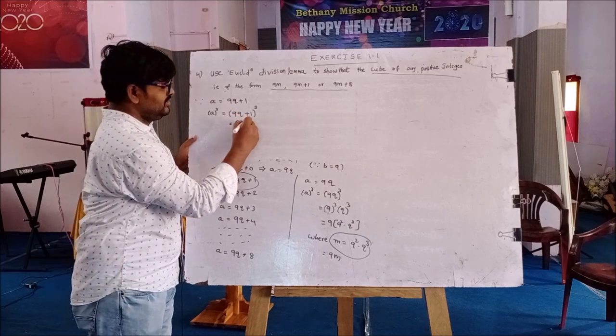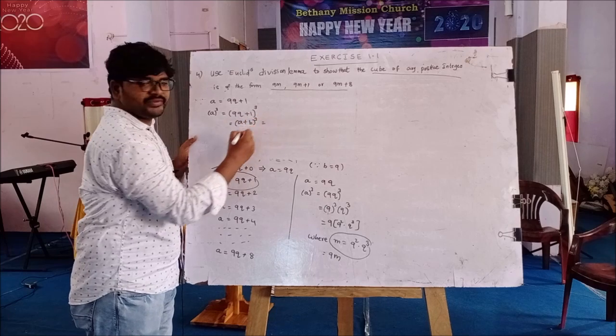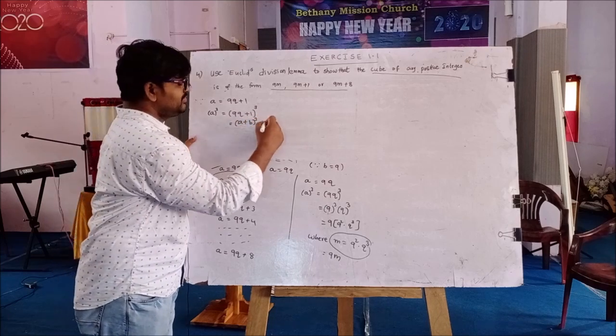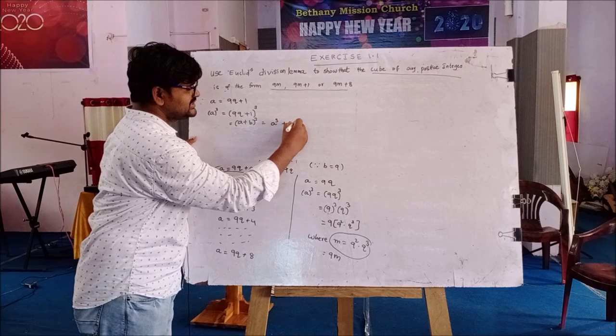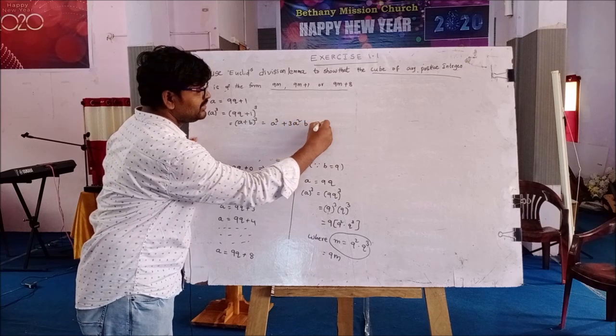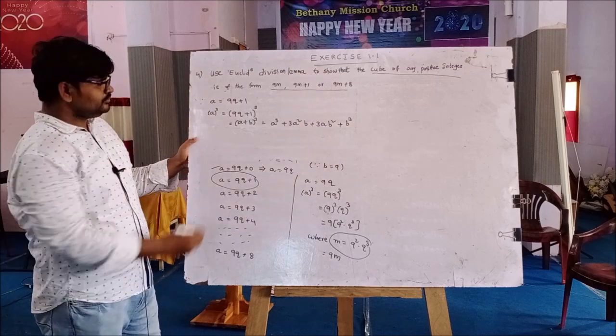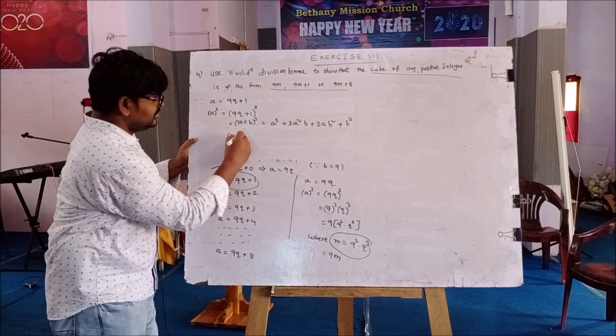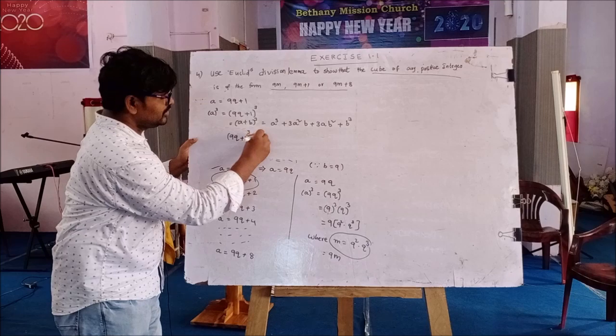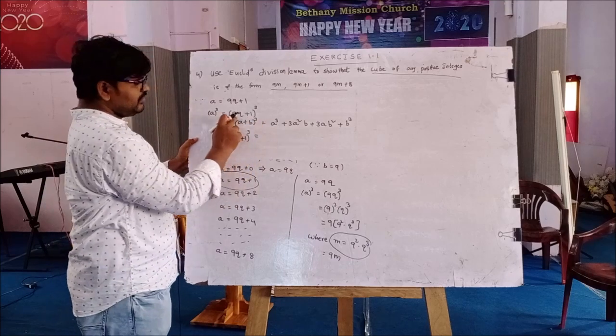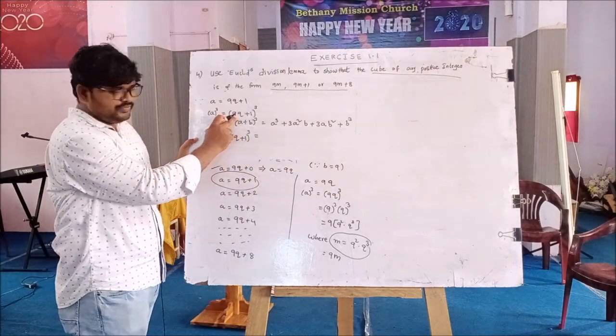This is (a plus b) whole cube. The formula is a cube plus 3a square b plus 3ab square plus b cube. Then (9q plus 1) whole cube equals, where a equals 9q.